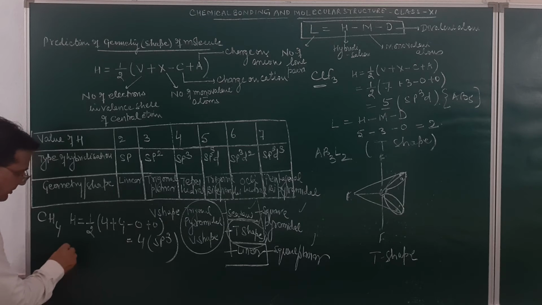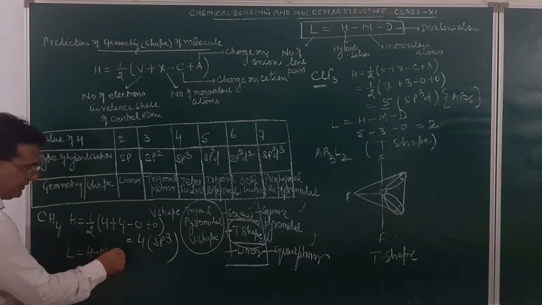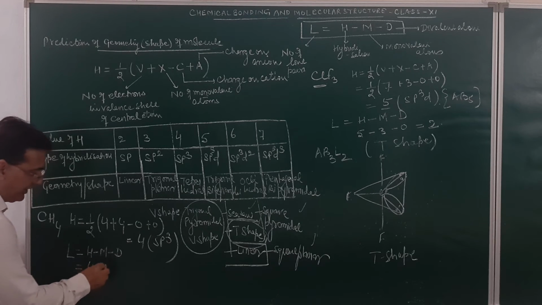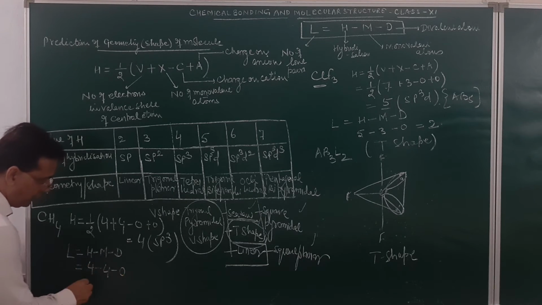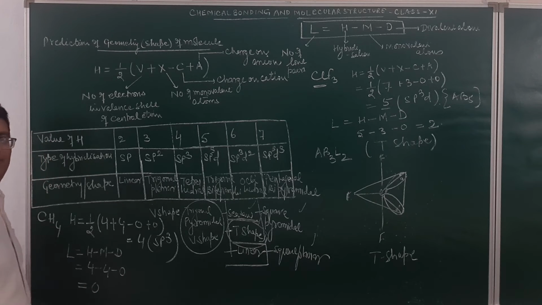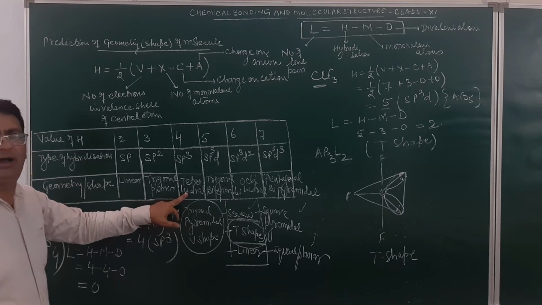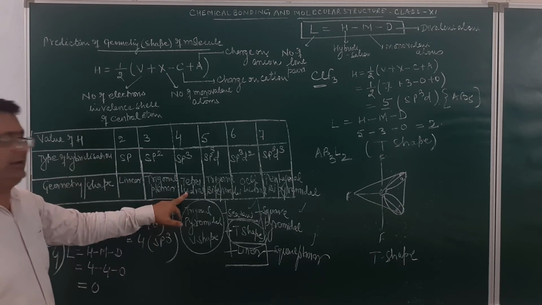How many lone pairs will be present over here? It will be H minus M minus D. This will be equal to 4 minus 4 monovalent atoms minus 0 divalent atoms, so the number of lone pairs will be 0. So this is what type of molecule? It is AB4, meaning it has no lone pair. When it has no lone pair, it will have a regular tetrahedral geometry.